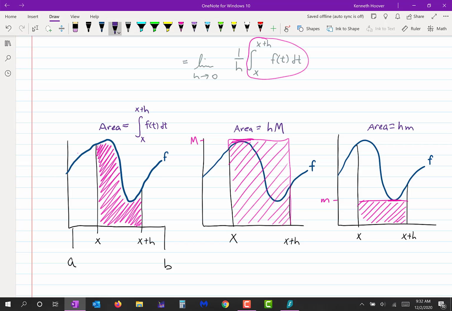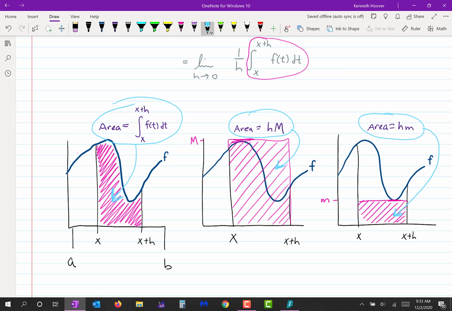Do you agree that this area right here is definitely between these two? Not just by looking at the picture. I'm not saying, oh, look, the first area is between the second two areas. No, you can give a logical argument why.